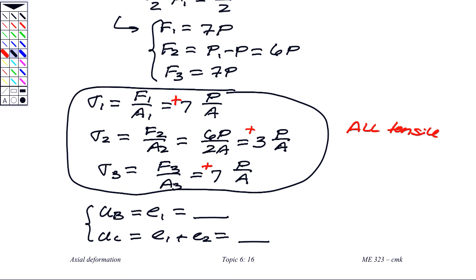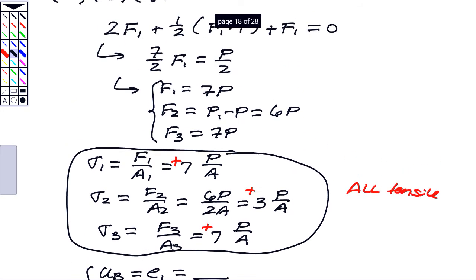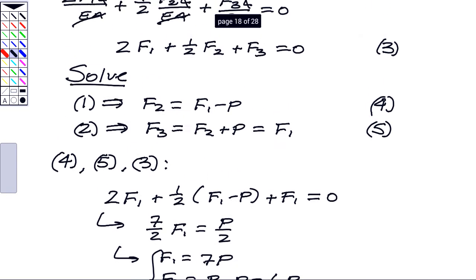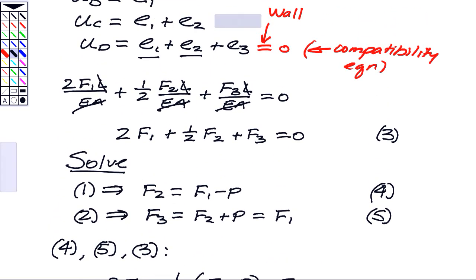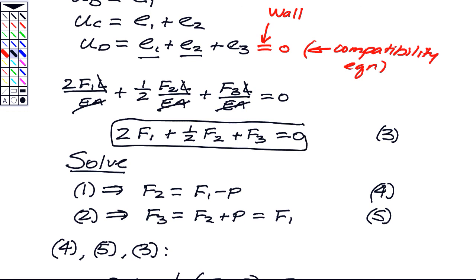But we took into account the elongations, E1, E2, and E3. We wrote down those relationships, and the key one here was our compatibility equation, which said that even taking into account our elongations, the displacement on the right-hand side must be 0 because there's a wall, and that gave us our third equation from which we solved for F1, F2, and F3.